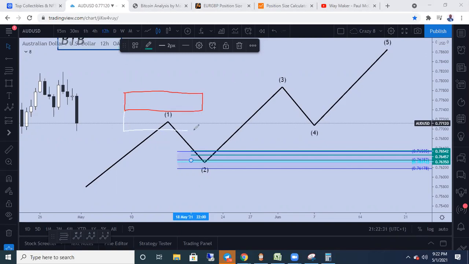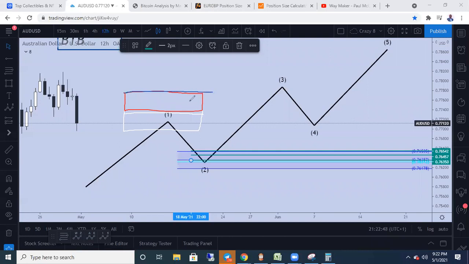So let's say this box is divided into two: this is the bullish and that's the bearish, and this is the preferred entry somewhere in the middle. We have a bias of bullishness, but we don't know where price is going to make this U-turn from. So what do we do?